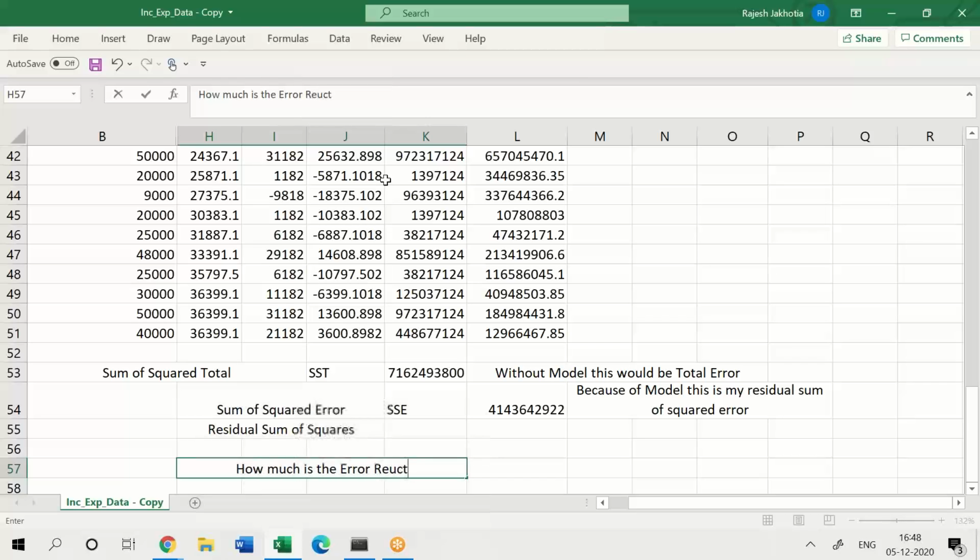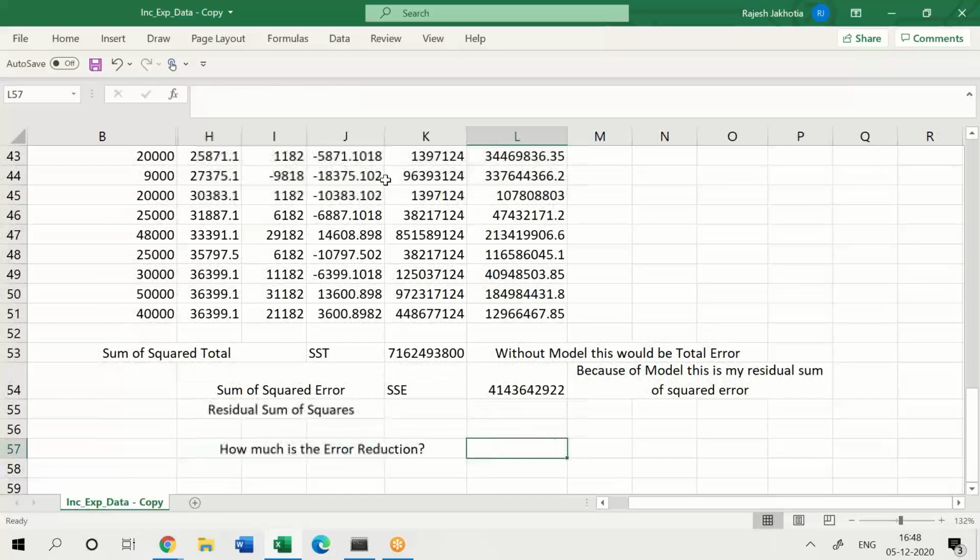When we say error reduction, it means how much is the squared error reduction. But in normal English, while talking, we'll always say how much is the error reduction. But it is squared error reduction. So the error reduction is this minus this. This much is my error reduction.